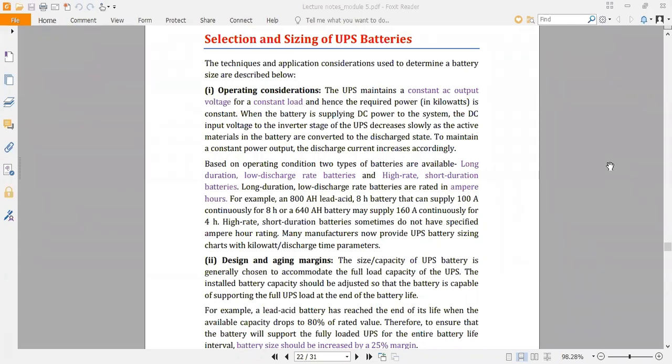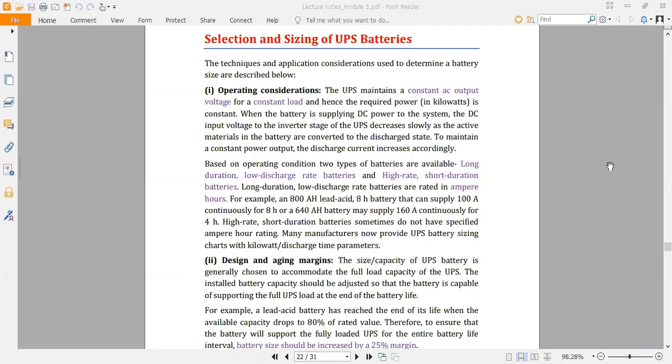One numerical I have already explained in the previous class regarding this. So keep in mind how we calculate the ampere hour rating and the number of batteries of a specific specification to fulfill the particular demand. These things we have already seen.